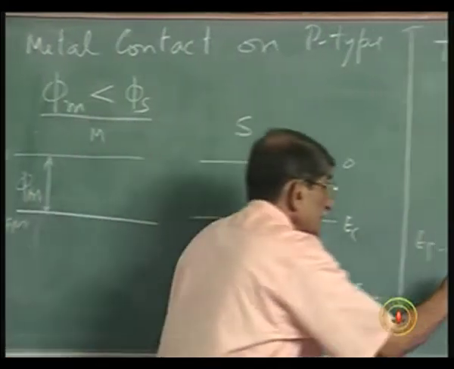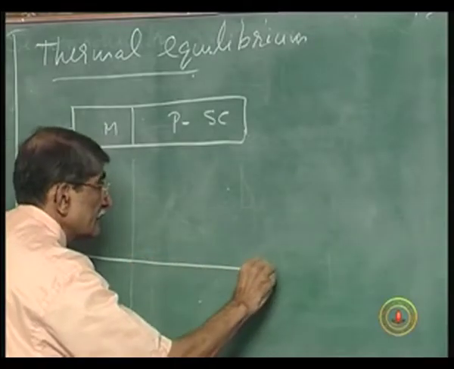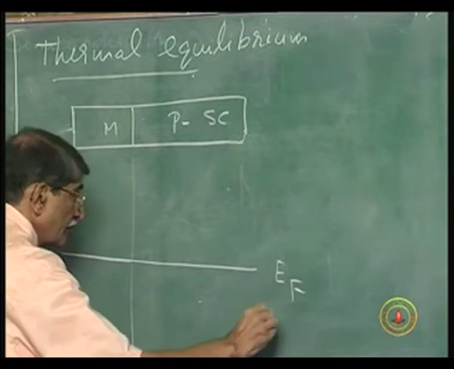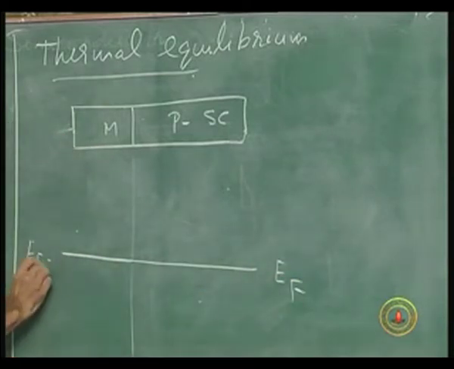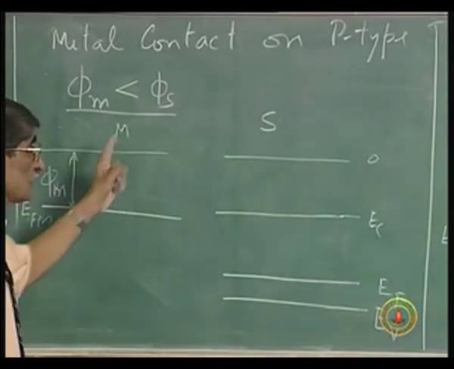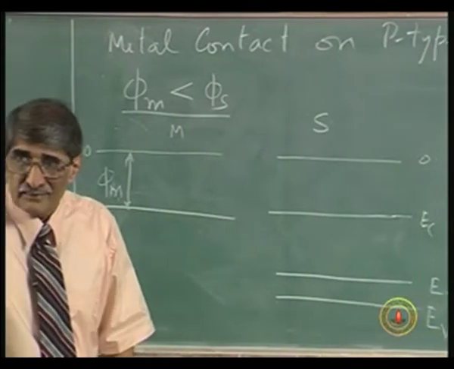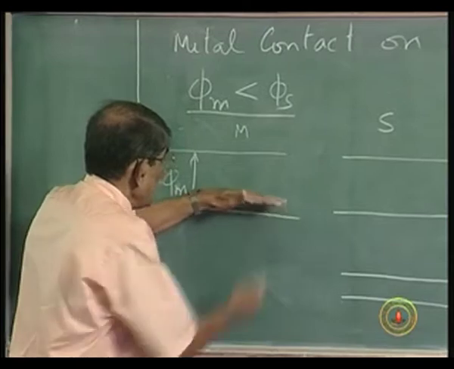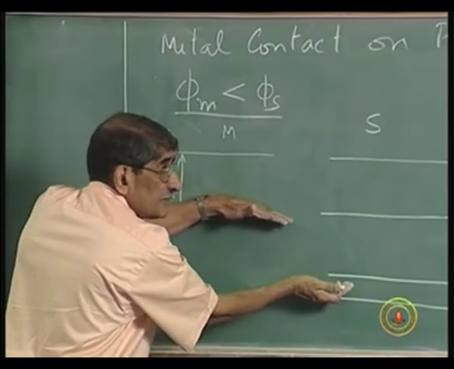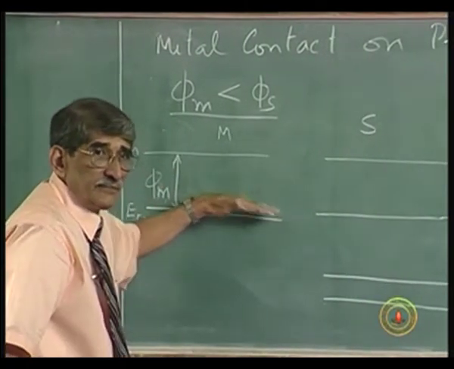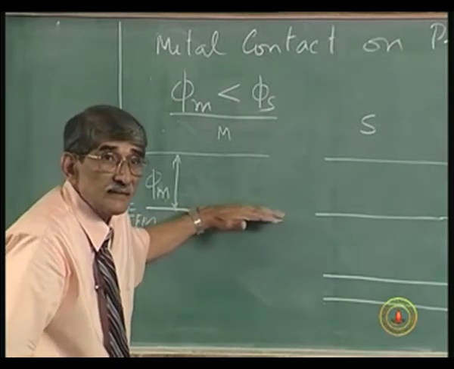So, the same thing happens here, you have this EF. EF becomes the same in both cases. Electron transfer takes place from the metal to the semiconductor till the Fermi levels are equalized, because electrons are at a higher energy compared to this semiconductor. EF higher means higher energies are there.